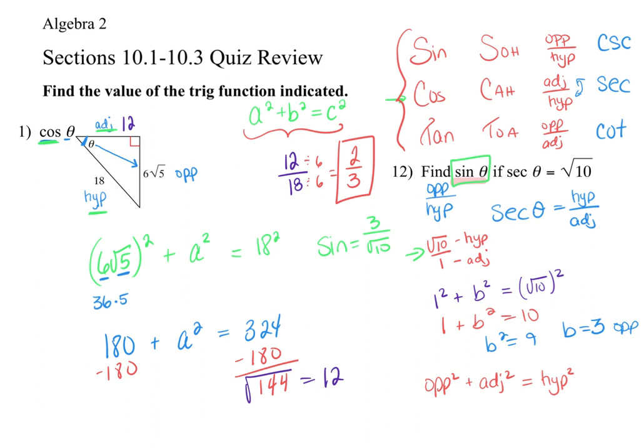Do you think I'm going to leave it that way? What do I need to do with the radical if it's in the denominator? Multiply by the radical, right, so we need to do this little process here. So it's going to be 3 square root of 10 over 10. So all of these come back to SOHCAHTOA and the Pythagorean theorem. You're going to use those over and over and over.